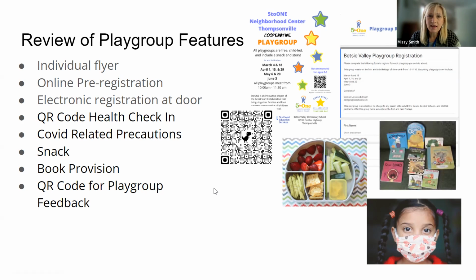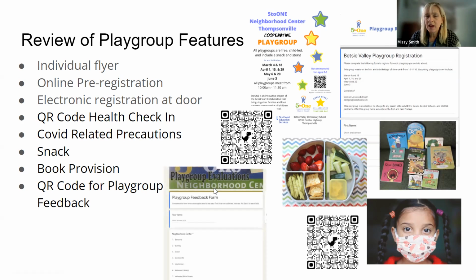In the next element, again, we have the feedback. Typically you've all experienced the triple QR code: one for registration, one for a health screening check-in, and the last one is for playgroup feedback. That evaluation image you see on your screen is what people see when they get there.